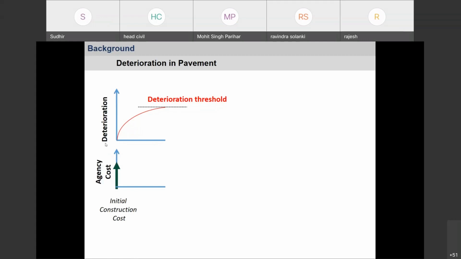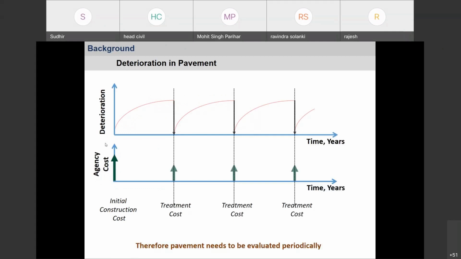So because of this, the transportation agency would like to have some threshold where at some point of deterioration, the agency would like to come, intervene, and do some sort of treatment to the payment, such that the deterioration level in the existing payment can be reduced.